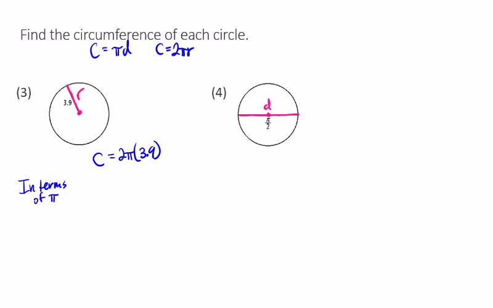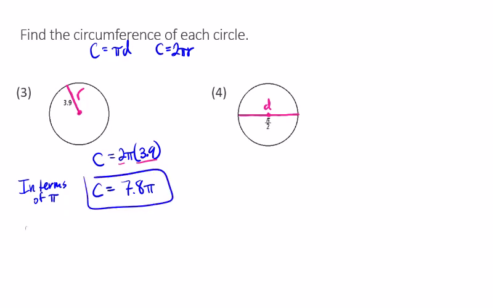So if I were trying to do it that way, then I would just leave pi as if it were a variable, although it's a constant. I would just operate with the numbers that are not pi. And so 2 times 3.9 would be 7.8. And then I would just tag the pi on. So if it said in terms of pi, I would write my answer like this, okay?